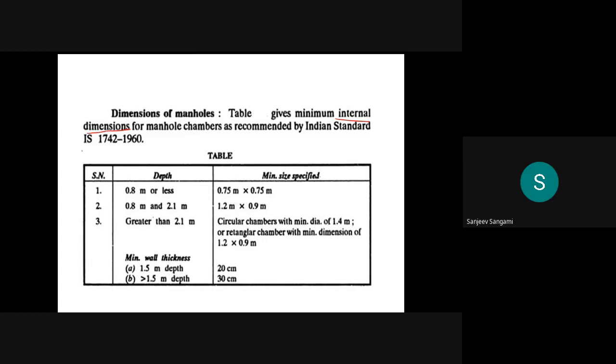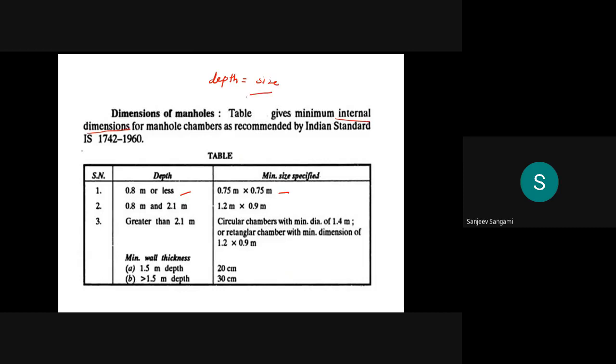The first one is normal depth 0.8 meters. The minimum size, of course, is based on depth. Very important. Whatever size we are specifying is interlinked with the depth.